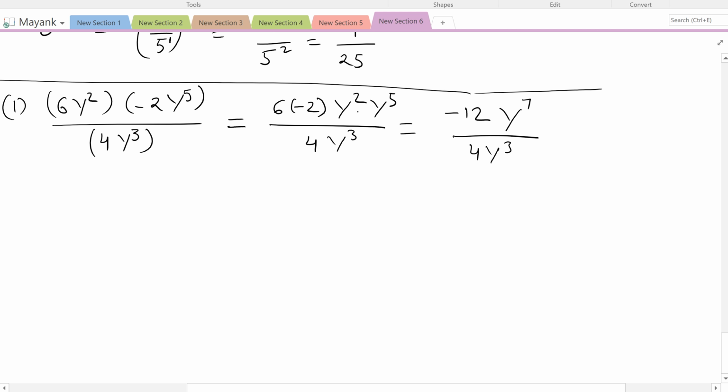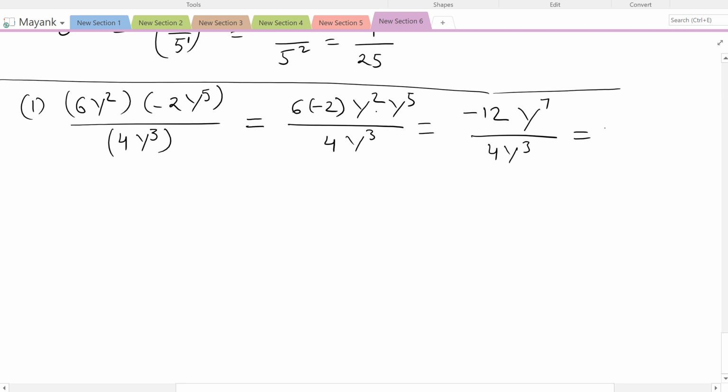Now, the next step is you divide 12 by 4. What is that? 3. And the sign negative stays there. And then you have y raised by 7 minus. Now why do I subtract the powers? Because your base is same.